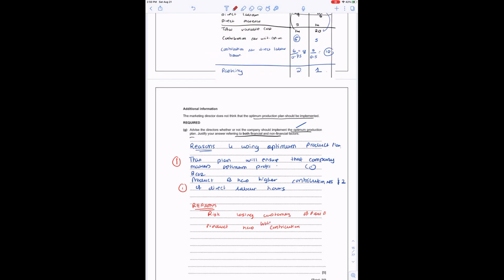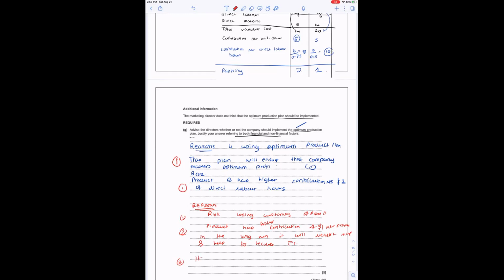Has higher contribution of $1 per product. In the long run, it will benefit more and help to recover more of fixed costs. Okay? 1, 2. One more point you can give.